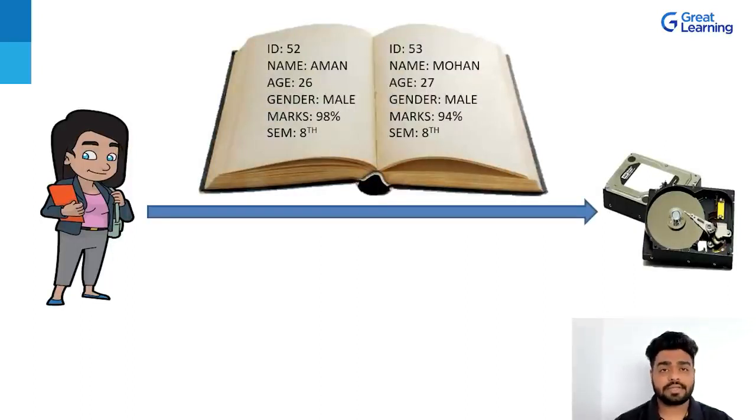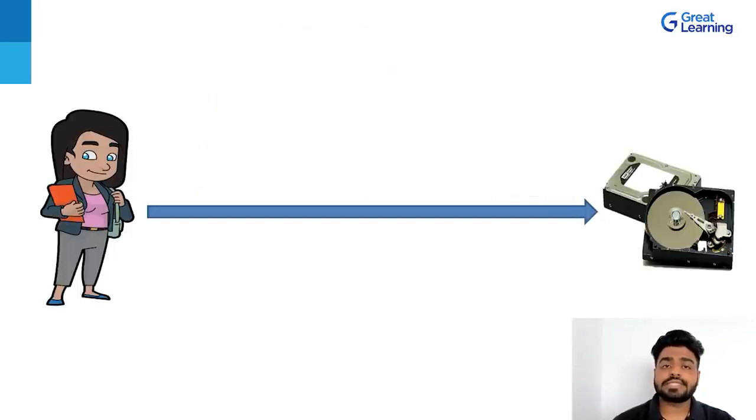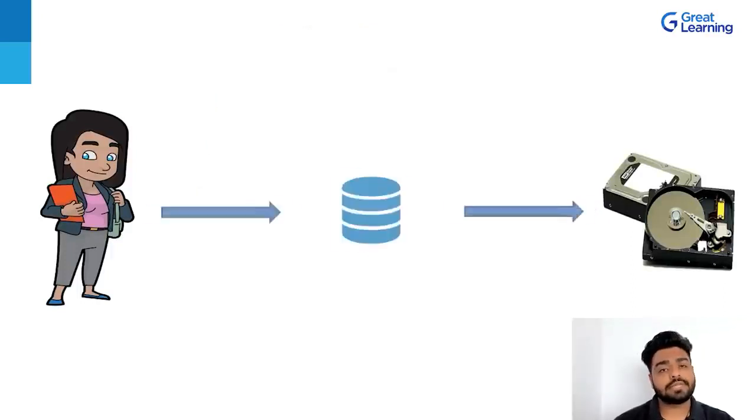We need something. We were using programming languages, but programming languages are not able to capture all the database or all the different data. They only have limited capacity, and are only able to access or store a limited amount of data. That's it. So we started to use DBMS.